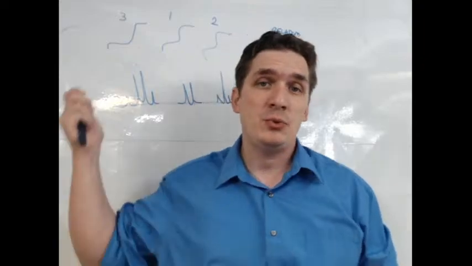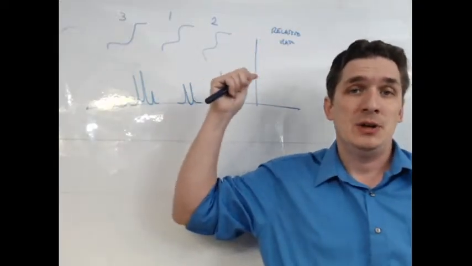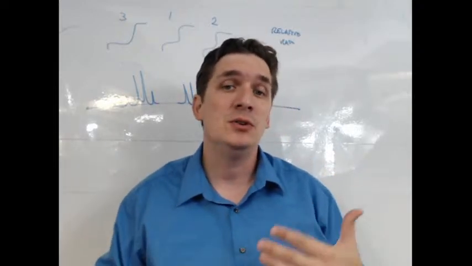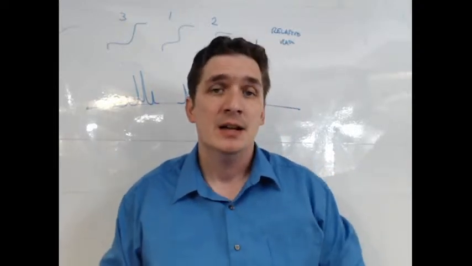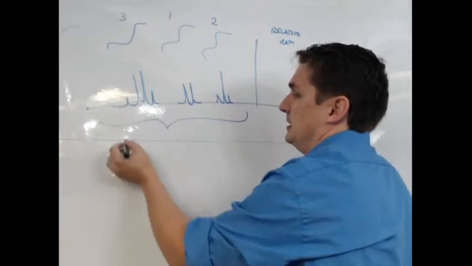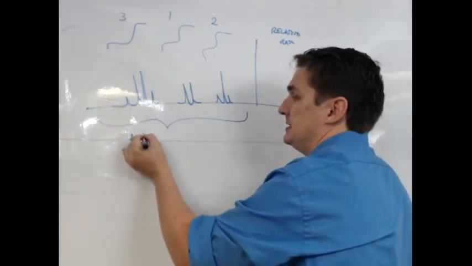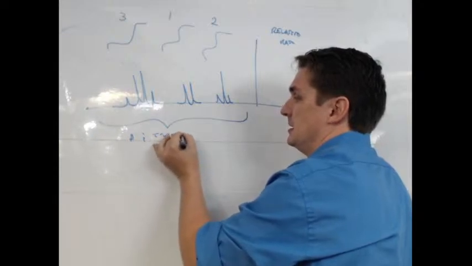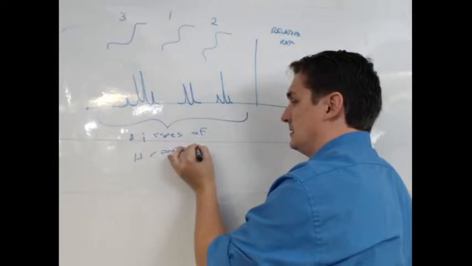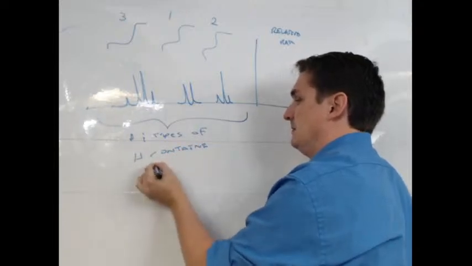Now this could mean that you have 3, 1, and 2 hydrogens, so you have a total of 6 hydrogens in the molecule, or it's a 6, 2, 4, so you have 12. You can have any multiple of this. Second thing it'll tell you is the number and types of hydrogen-containing functional groups.